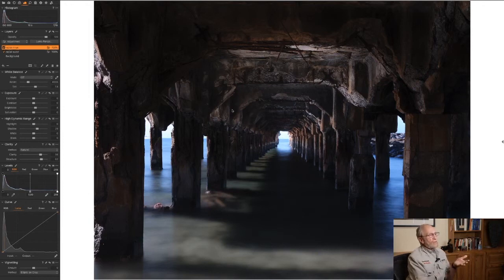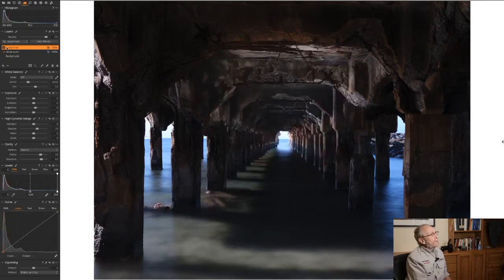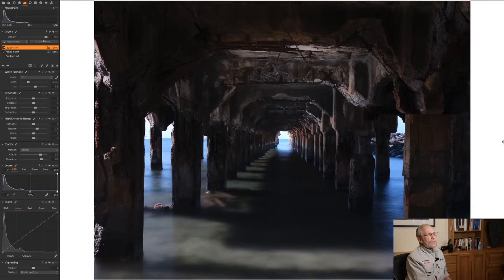I applied a radial filter to this, and if I press M, you'll see where that radial filter lies, right? And if you'll take a look, I'm going to switch it on and off to show you what it did. Here's what that scene looked like before applying the radial filter. And once I applied that radial filter, my desire here was to have your eye moving from the sides to the distance.